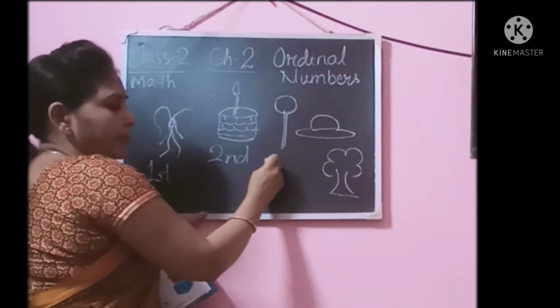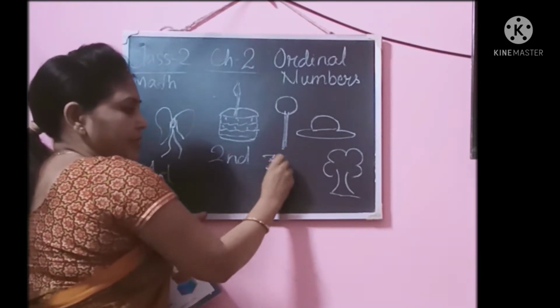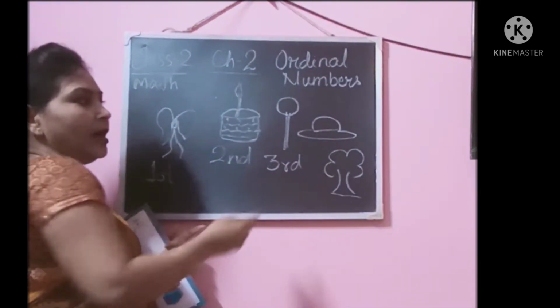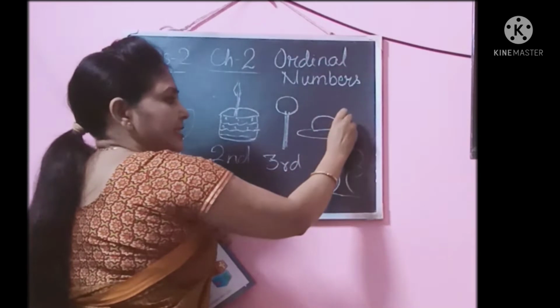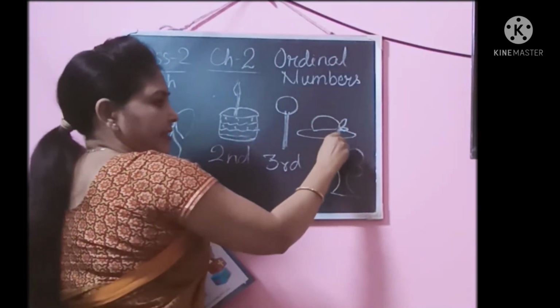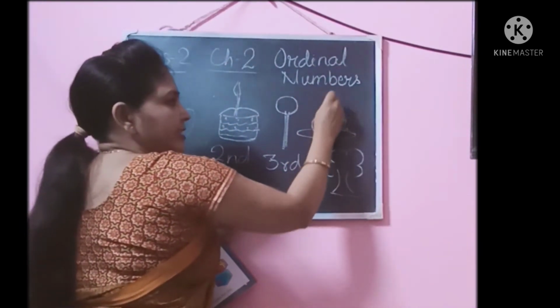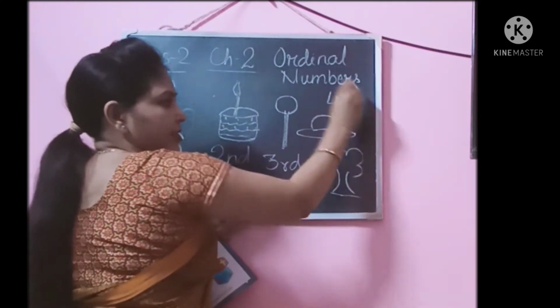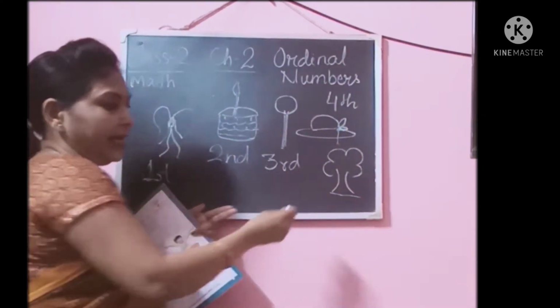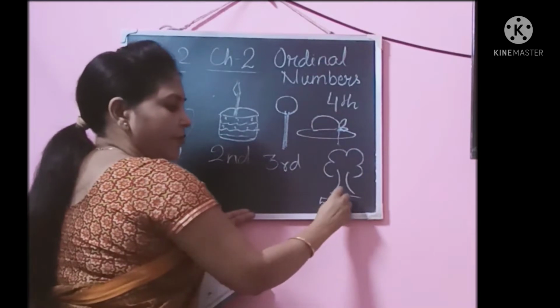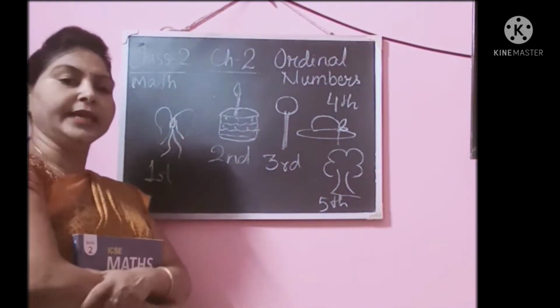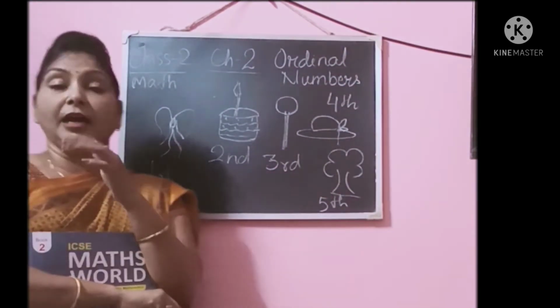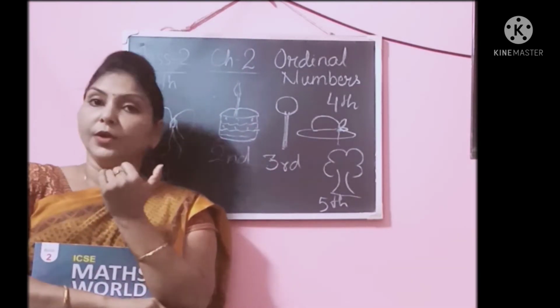This hat is in the fourth position. And the tree is in the fifth position. So the sequence, order or position of any object, we call it ordinal numbers.